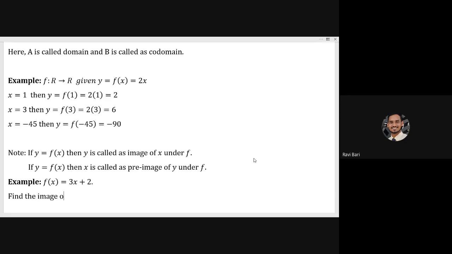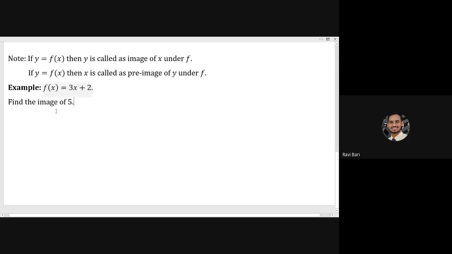Find the image of 5. क्वेश्चन है, ये हमारा फंक्शन इस तरह से डिफाइन किया हुआ है और आपको अब क्या करना है, इमेज ऑफ 5 फाइंड करना है। तो इमेज ऑफ x क्या होता है, इमेज ऑफ x इज y इज इक्वल टू f of x। So image of 5 is equal to f of 5.